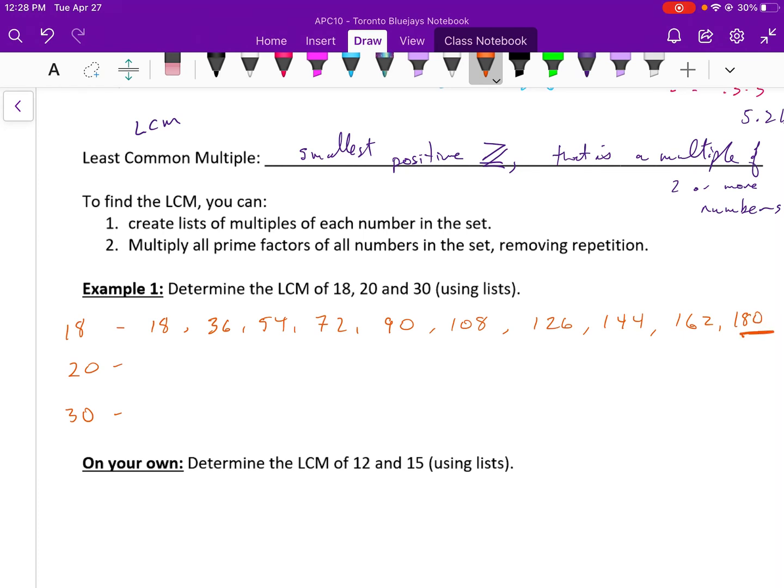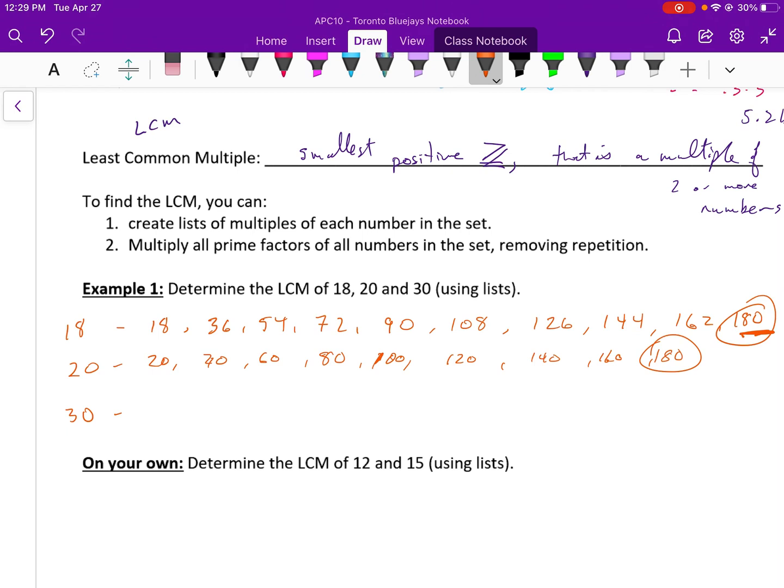The reason I'm going to stop here is I know that my multiple should probably end in a 0, because all multiples of 20 end in a 0. Now, this is kind of a laborious way. I don't really enjoy this way too much. There we have it.